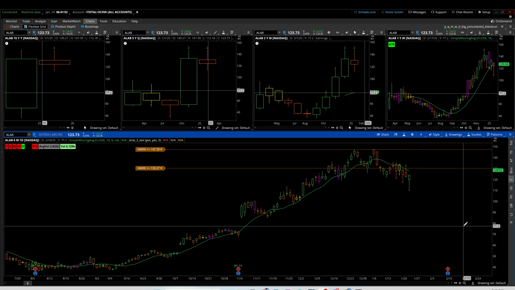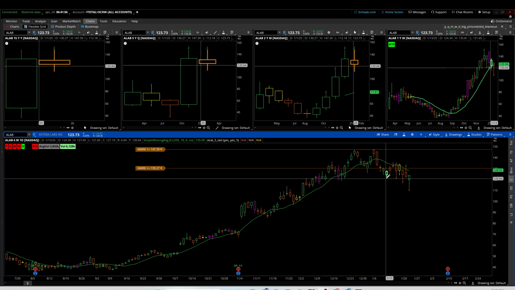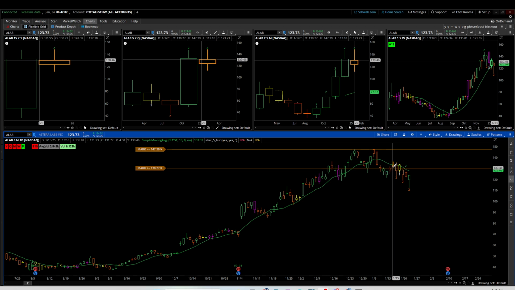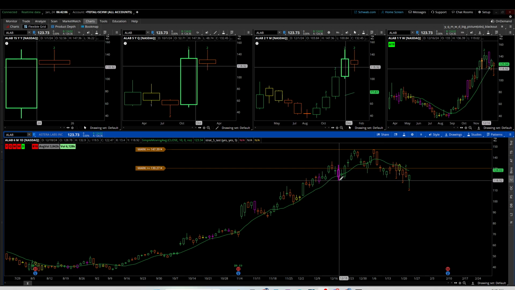Well, as some of you know, I like to draw previous low right here. So that right there was a previous low for me because it's the lowest point below the 10 moving average, the first one, and then this one is the second one. That right there has established what I call support, what I believe to be support.